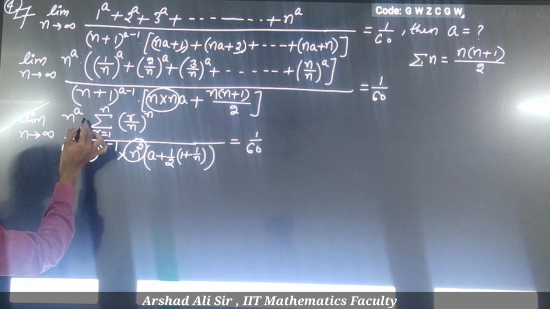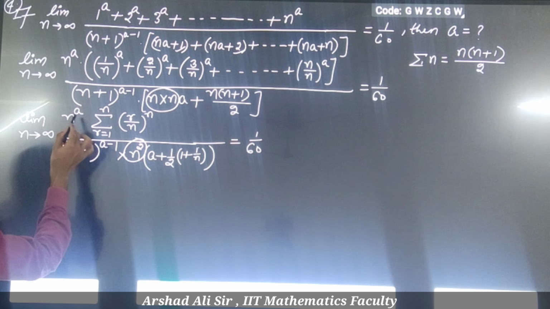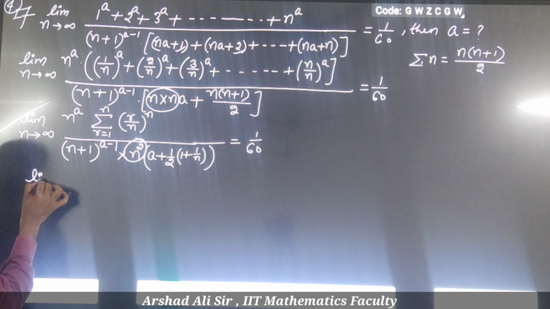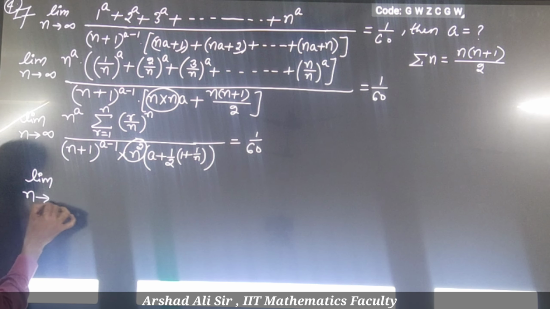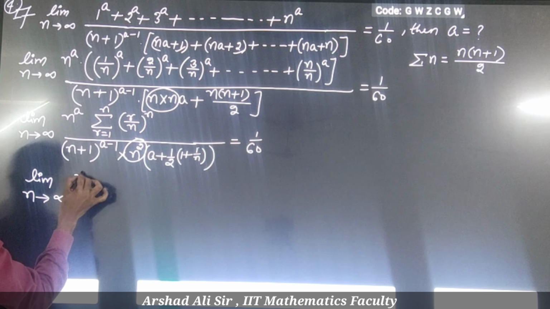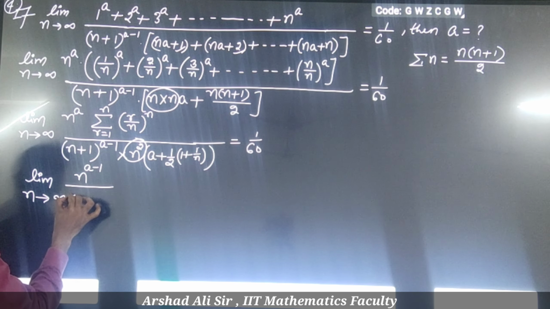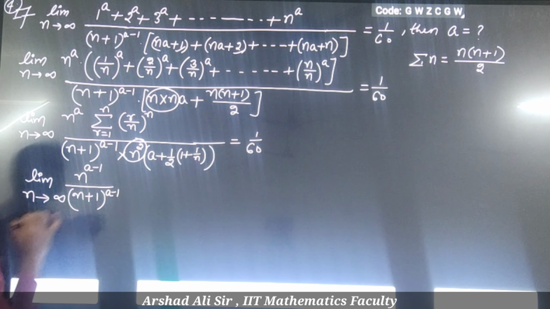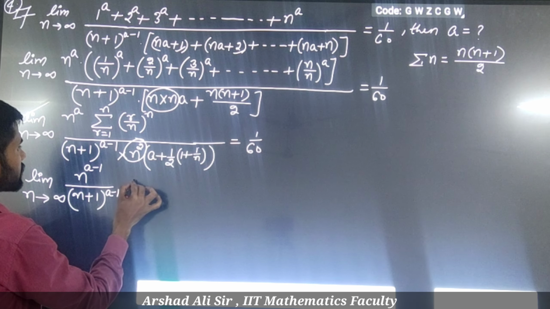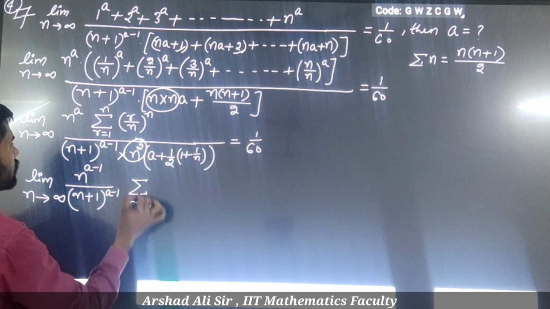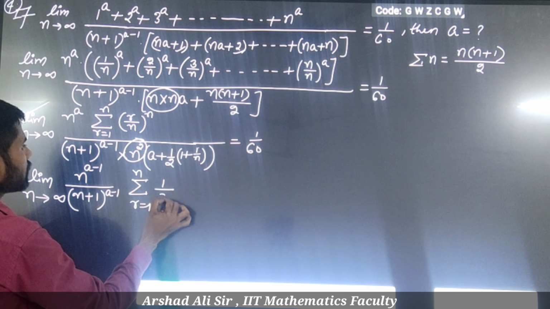Why we should write? Suppose we write here n to the power minus 1, so it will be n to the power a minus 1. So in next step we can write this one, n tends to infinity, n to the power a minus 1 whole divided by (n plus 1) power a minus 1. Okay, summation r is equal to 1 to n, 1 by n.